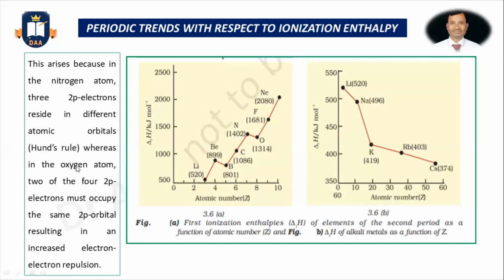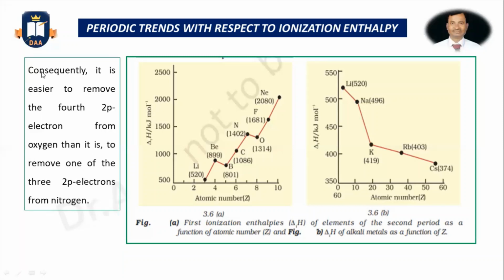So what will happen? It is easier to remove the fourth 2p electron from oxygen than it is to remove one of the 3 2p electrons from nitrogen.